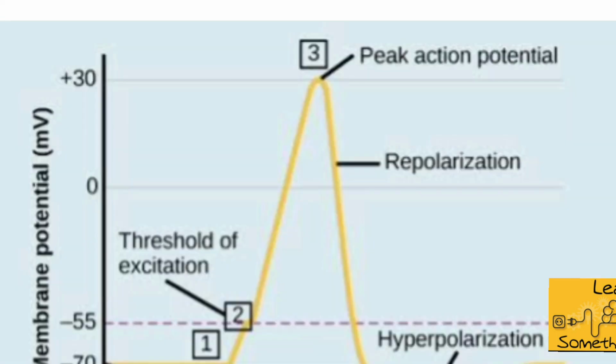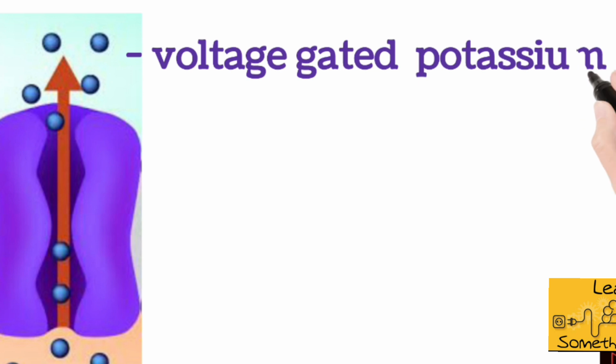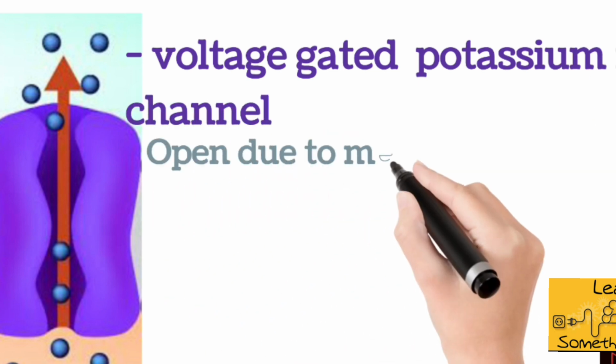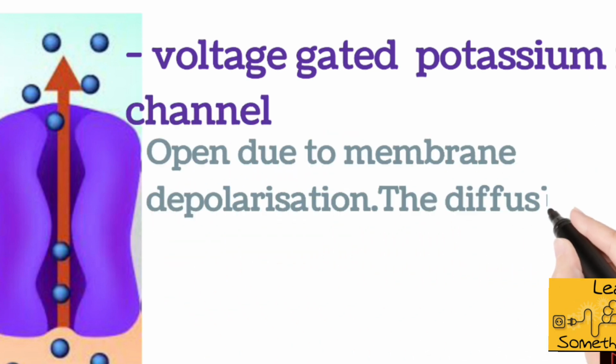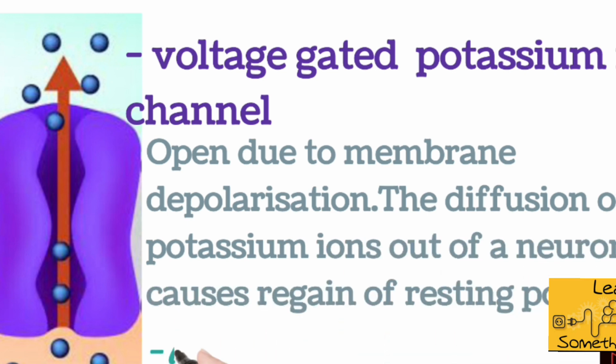As the action potential reaches the peak, the voltage gated sodium ion channel closes and the voltage gated potassium channel opens. The voltage gated potassium channel allows the potassium ion to move from axoplasm to the extracellular fluid that is present outside of the neuron.